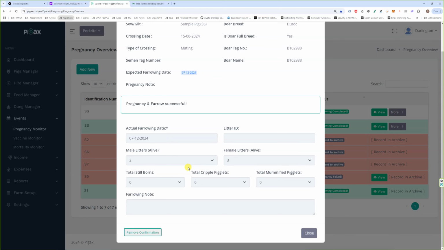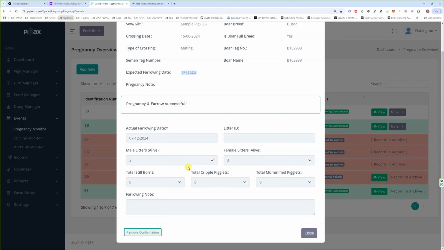It's the same idea with litter ID. Pigs normally give birth to a lot, some ranging from 3 to sometimes even 23 piglets. There are pigs that give birth to 23, and you want to be able to say, okay, this pig belongs to this set, and we use IDs for that.